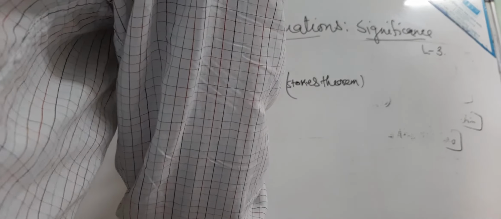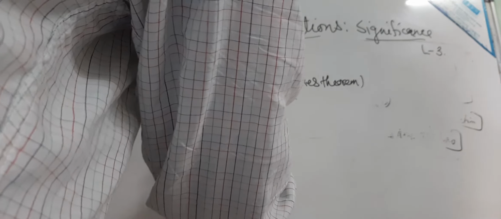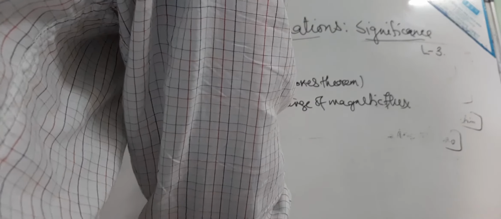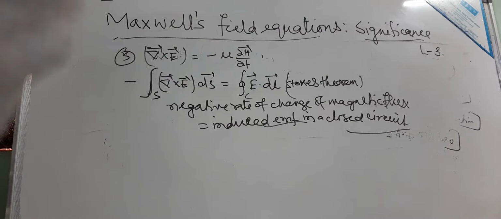Now we talk about the negative rate of change of magnetic flux, and that is equal to the induced electromotive force in a closed circuit. That is Faraday's law of electromagnetic induction.